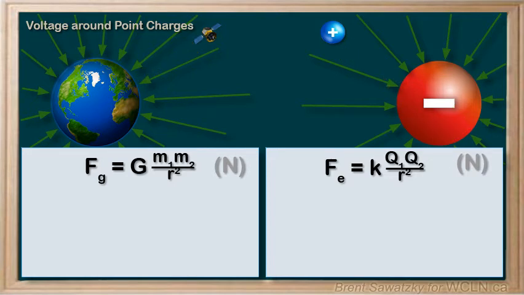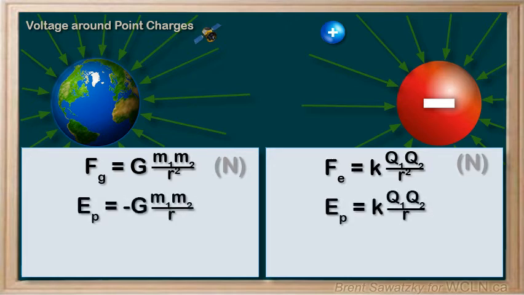Now, we've already spent some time with potential energy comparisons, so we'll list the equations for that and just note that it's in joules for both of them. Again, lots of similarities to notice. We're ready to consider our potential difference. For the gravitational potential of our satellite, we take the mass of the satellite out of the equation.